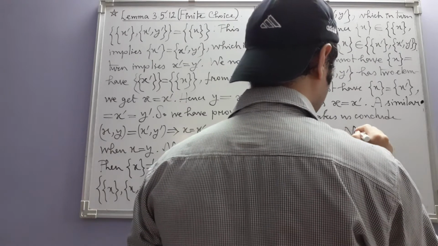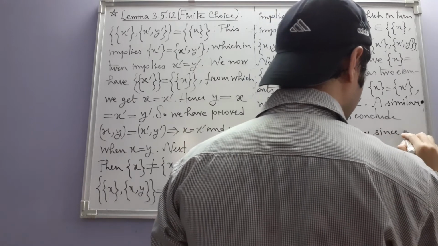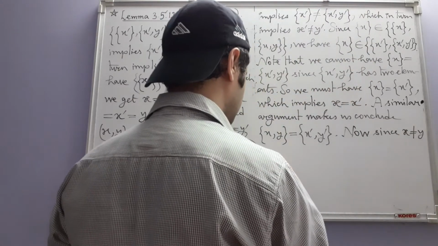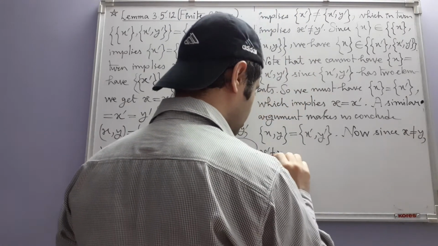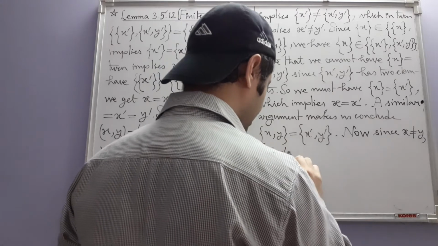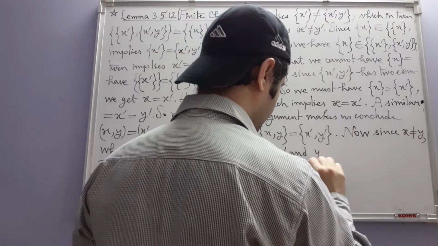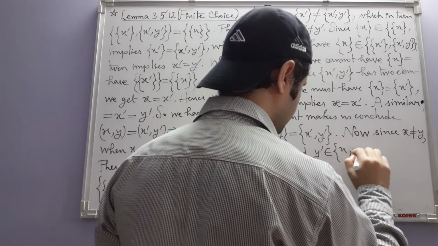Now, since x is not equal to y, x prime is not equal to y prime, and y prime belongs to x comma y.